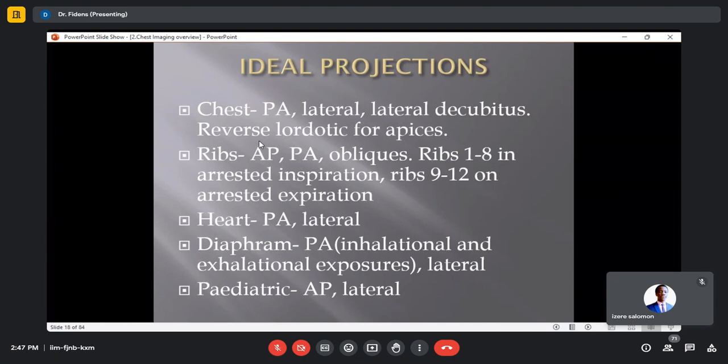But when the structure is near the light, on the image it will become bigger. So that's the reason why we prefer to do chest posterior view, so that the heart doesn't become big.